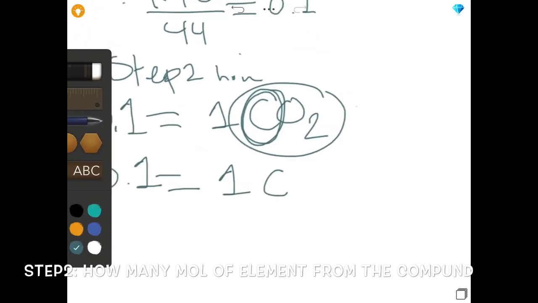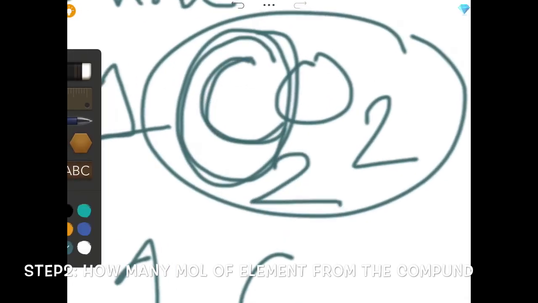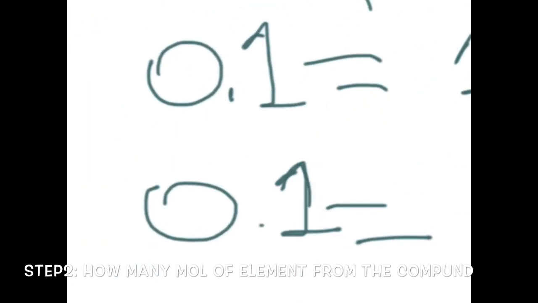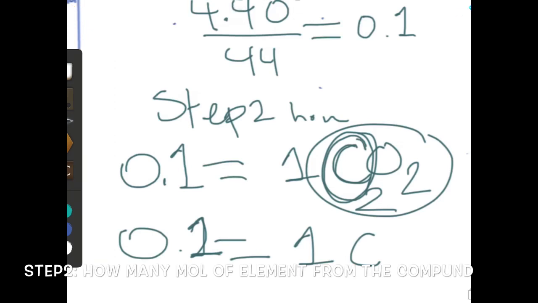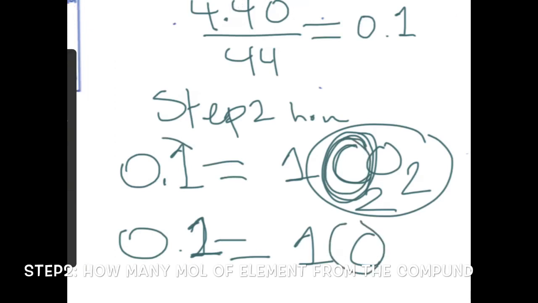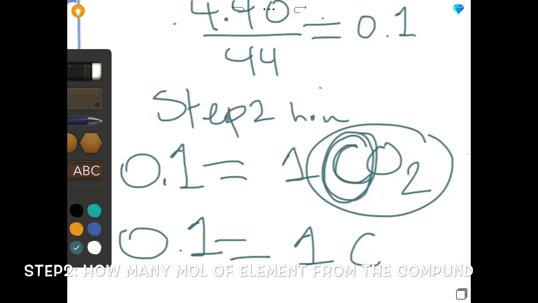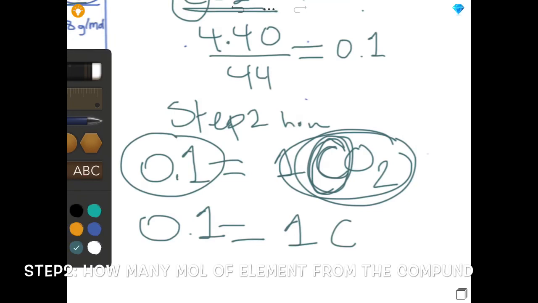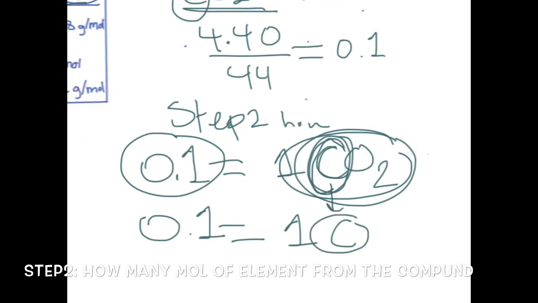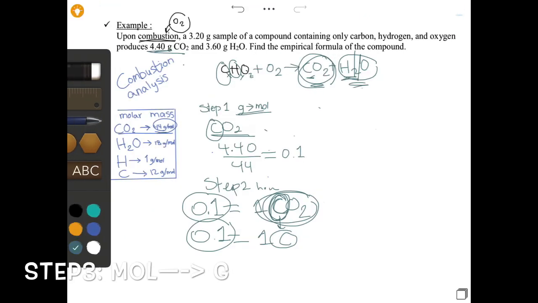For example, if there were 2 C, then this would be 0.2. Why? Because one carbon dioxide has 0.1, but there are 2 carbons, so you double it. But now we have just one, so it will be 0.1.